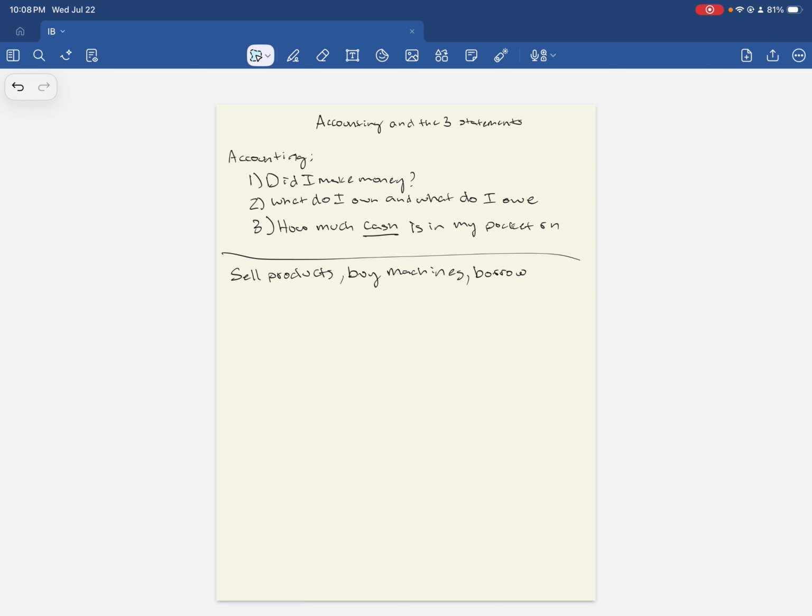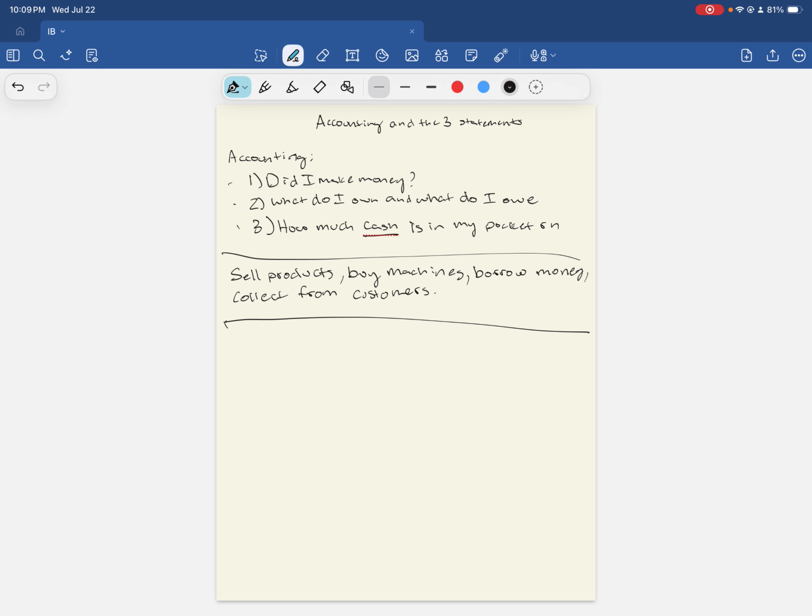Or they can collect money from their customers. What accounting does is take all this stuff and package it cleanly for us so we can look at all these details, and each one answers a different question. So remember these three questions, they all correlate with a different statement.